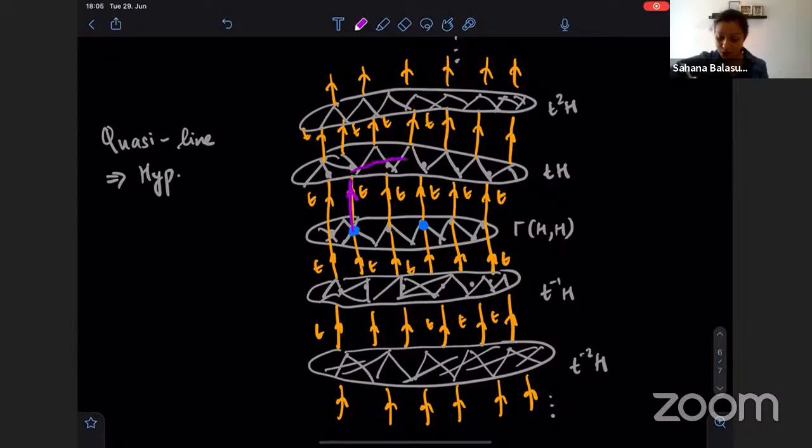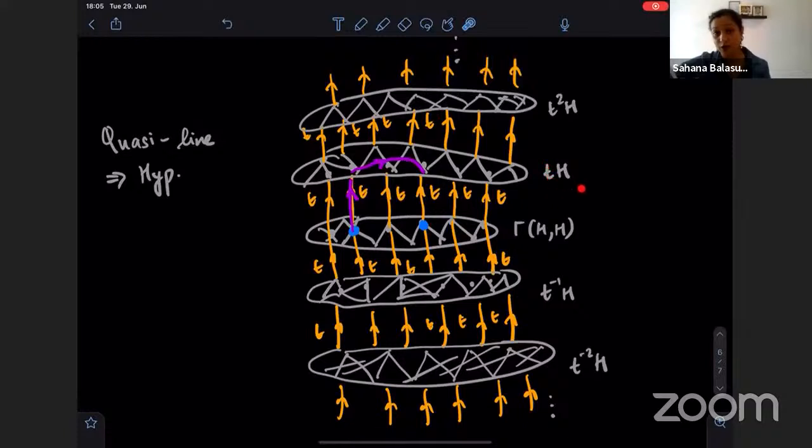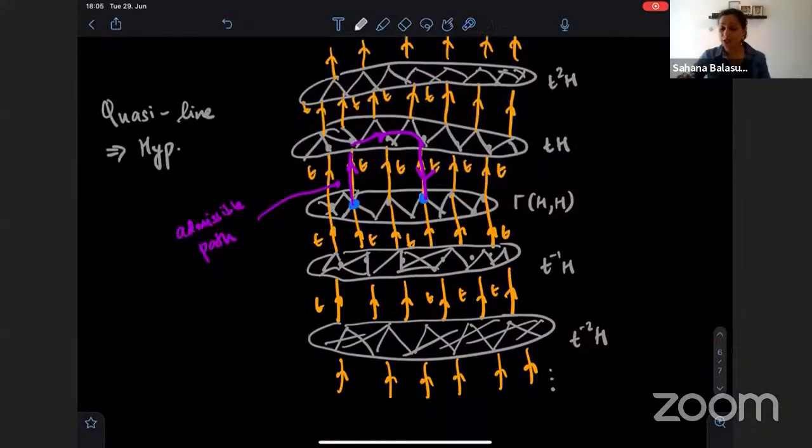I can take an edge which is directly marked by an edge in this complete subgraph. And even though its labeling comes from this subgroup, it does not belong to this subgraph. And then I can come back down using a T inverse. And that is, in fact, going to be an admissible path in this space.